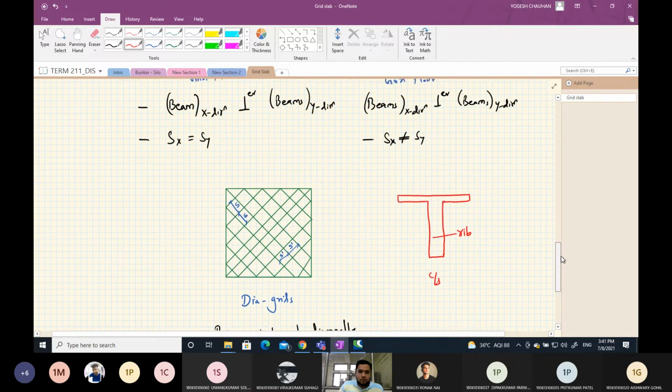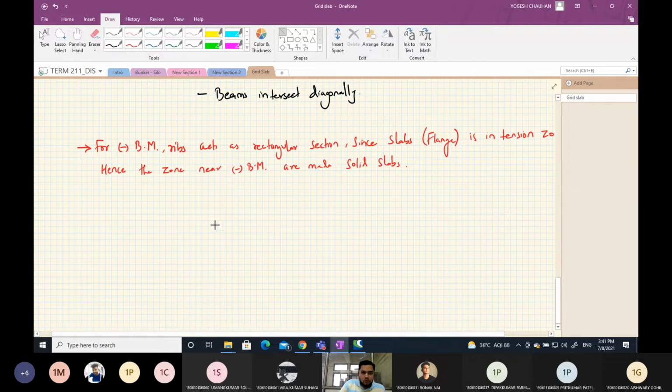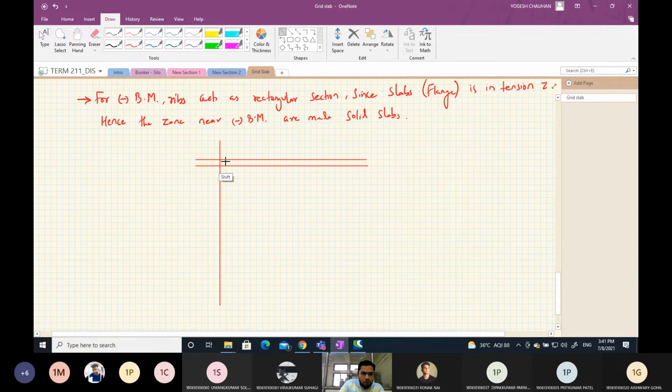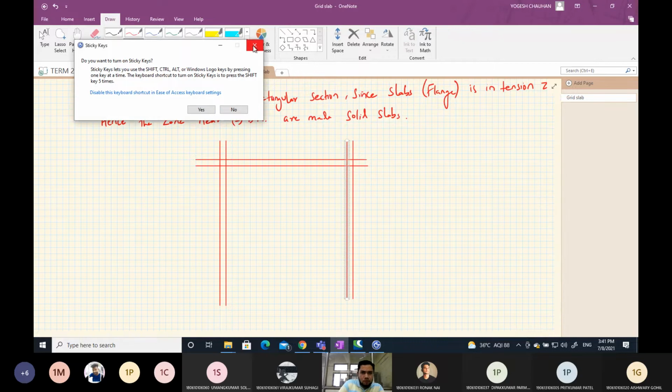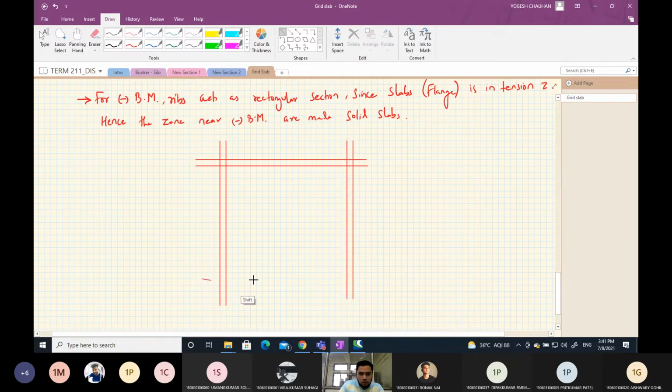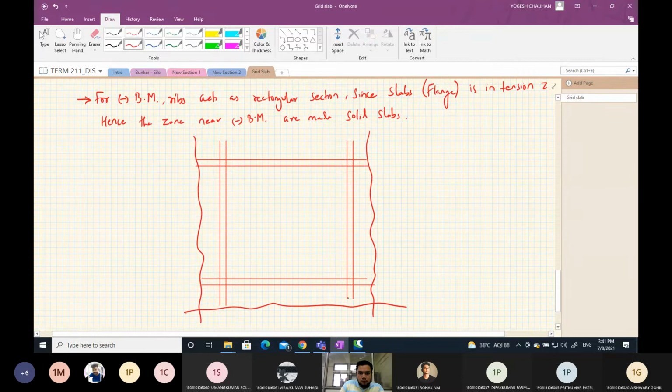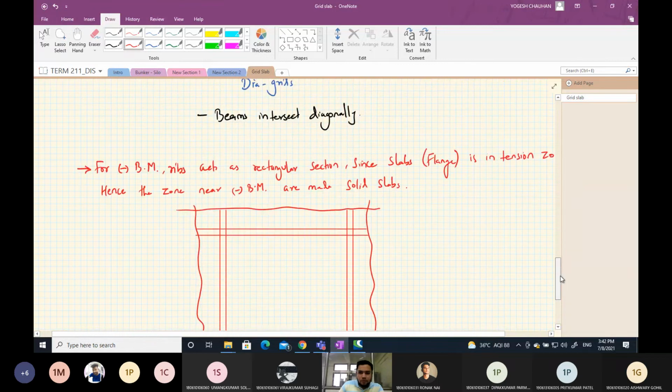So let us say this is a beam, another beam, consider this panel.